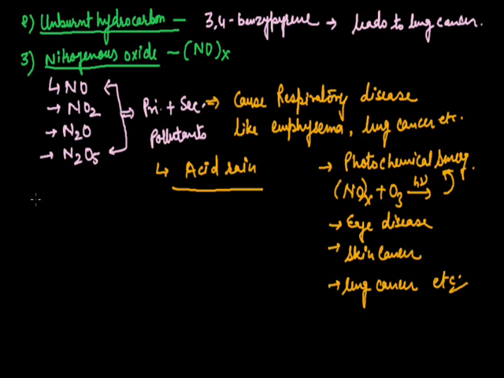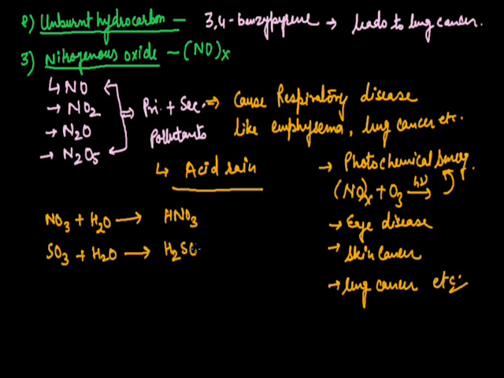These nitrogenous oxides which are present in the environment can dissolve in rainwater and form nitric acid and sulfuric acid respectively. Along with that, these come on earth and make the rainwater hyperacidic.